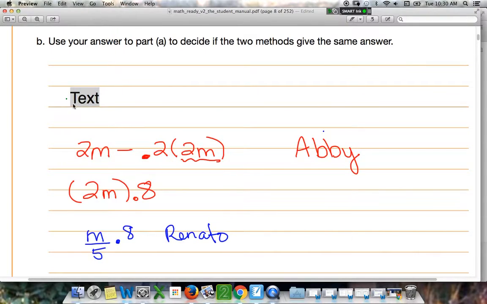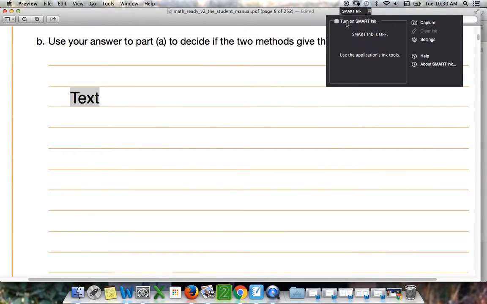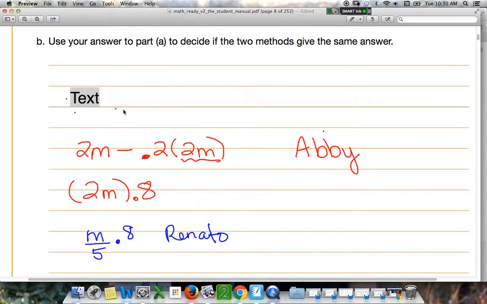If I had 2m minus 0.2 times 2, which is 0.4, and 2 minus 0.4 would be 1.6m. If you do 0.8 times 2, you also get 1.6m. So both of these would reduce to 1.6m because this is multiplication, and then m and m, you could put those together.